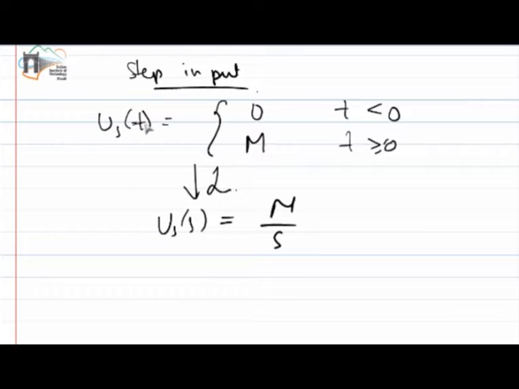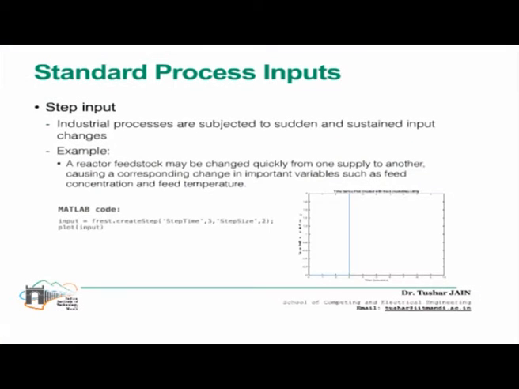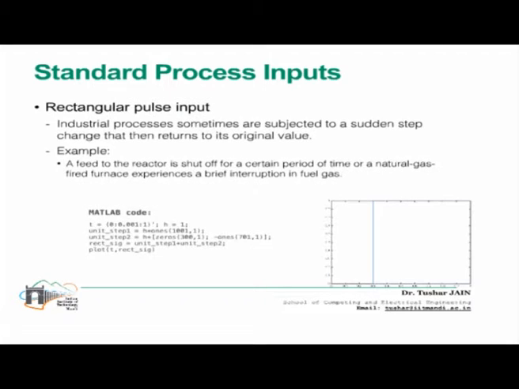And this is how you could model it in MATLAB with this very simple basic code. If you have MATLAB installed on your computer, you could run this code and see if you are getting a step signal.